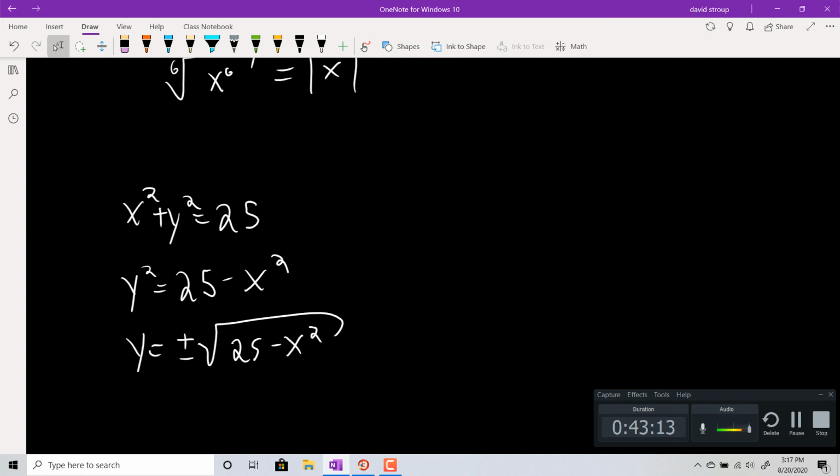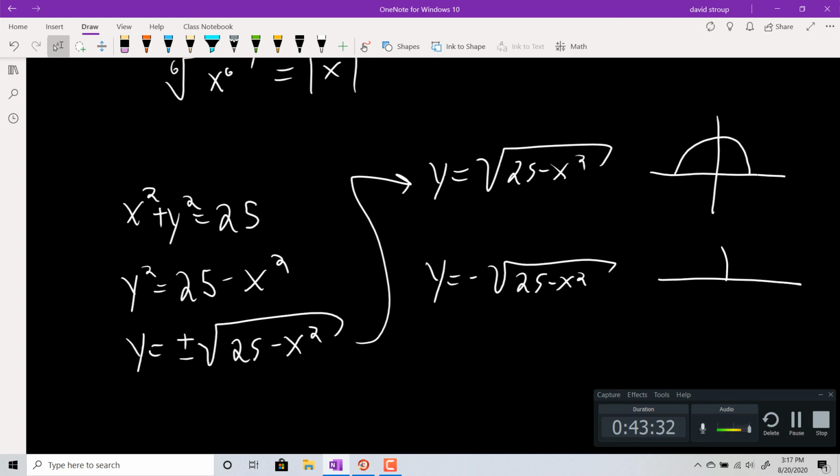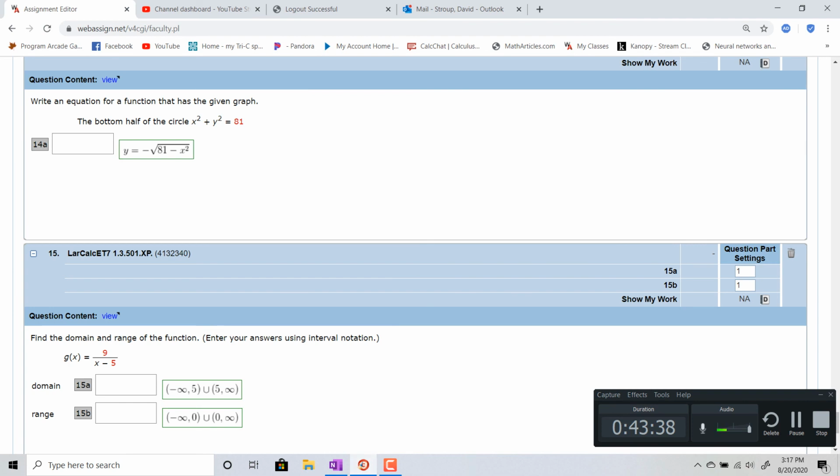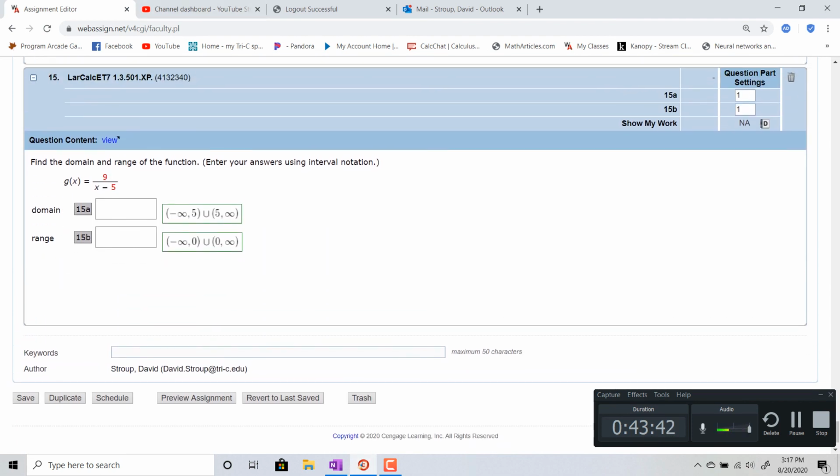So these are two functions, right? There's y equals positive root, which is square root of 25 minus x squared, and then y equals a negative root, negative square root of 25 minus x squared. So visually, what's the difference, right? Well, the first one is the upper half of the circle, and the second one is the lower half. Okay? So that's the difference. What else? Oh, that's about it. Okay. I hope that will get you through it.